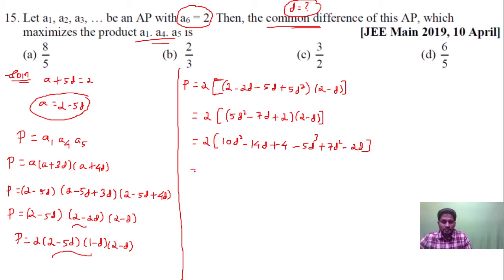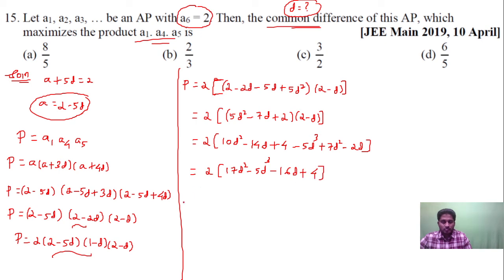Now this equals 2 times: 10d square plus 7d square is 17d square, minus 5d cube minus 16d... this is 5d cube, right? 5d cube minus 16d, plus 4.